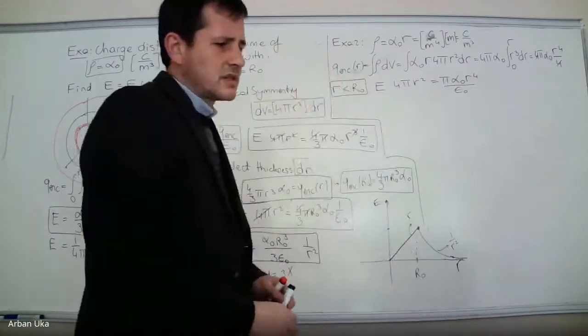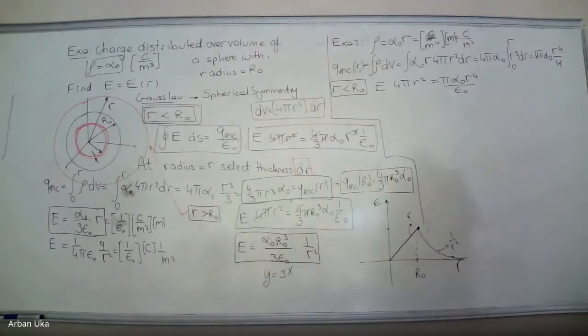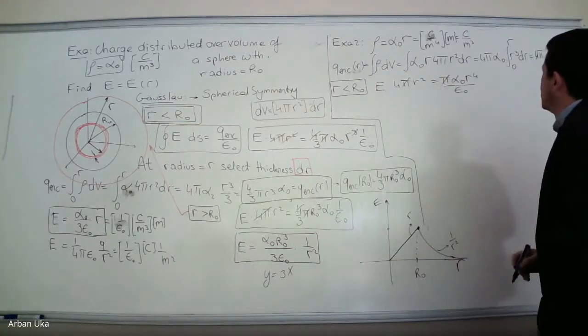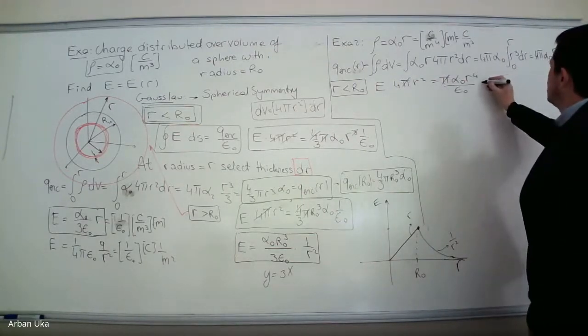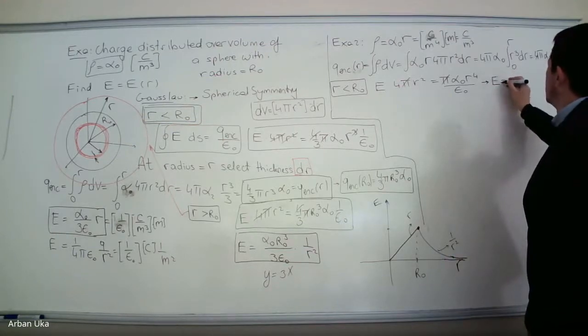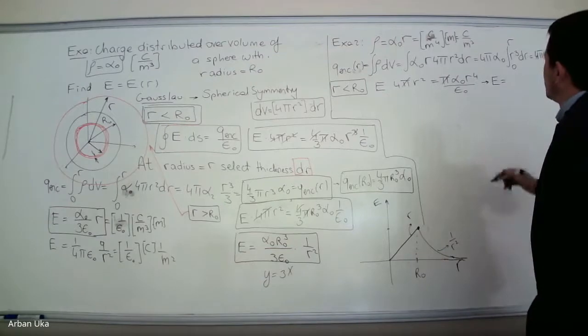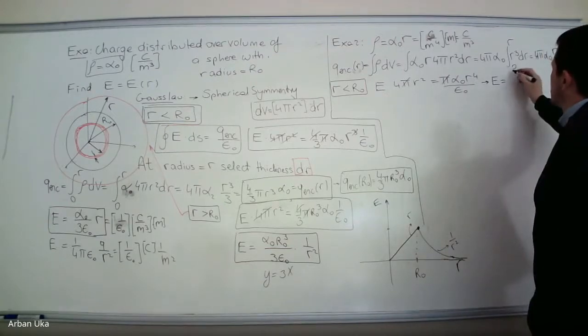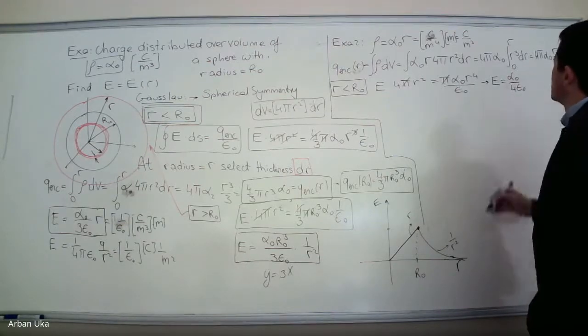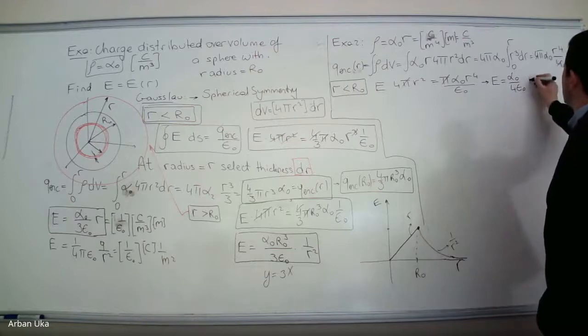So in this case, you can follow what we're trying to obtain. So we can cancel this out, and finally we can say that the electric field is equal to, let's get the constants in one place, alpha 0 divided by 4 epsilon 0 times r squared.